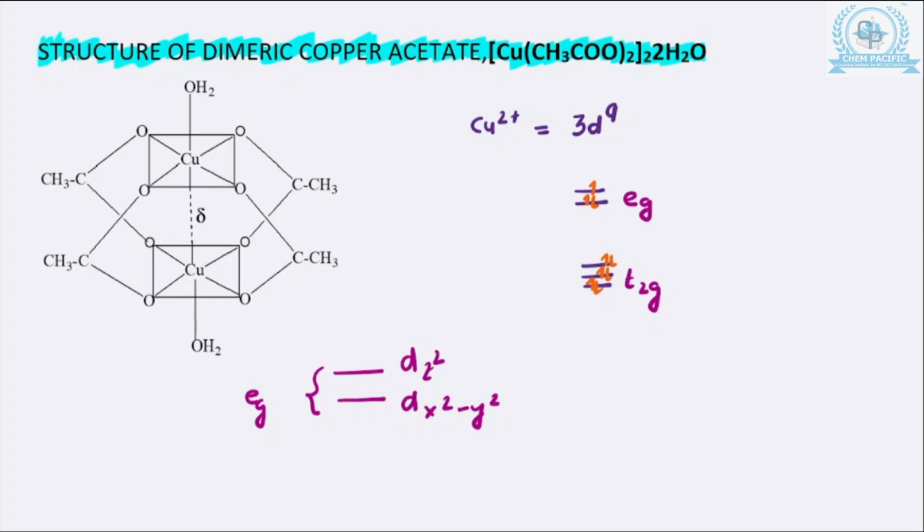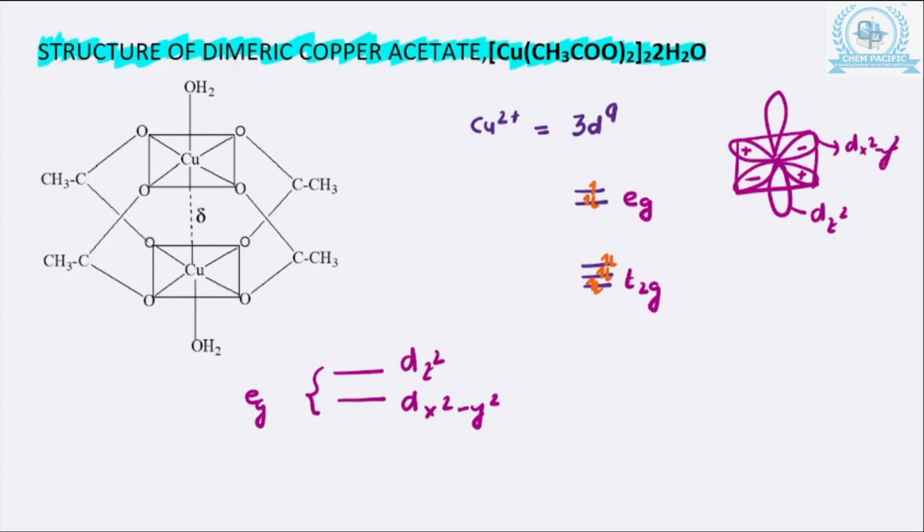But I already explained in my earlier videos that if this is an octahedral complex, then this is going to be your dx square minus y square orbital, and this is going to be your dz square orbital.